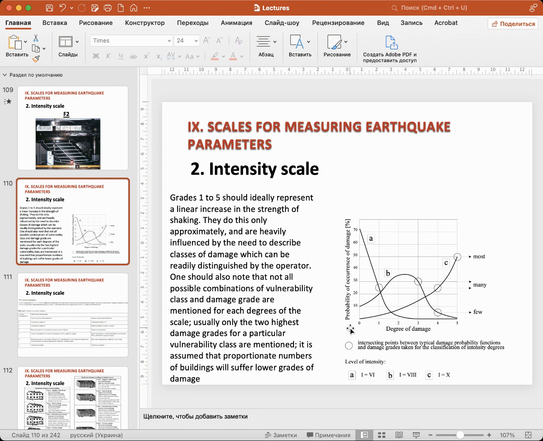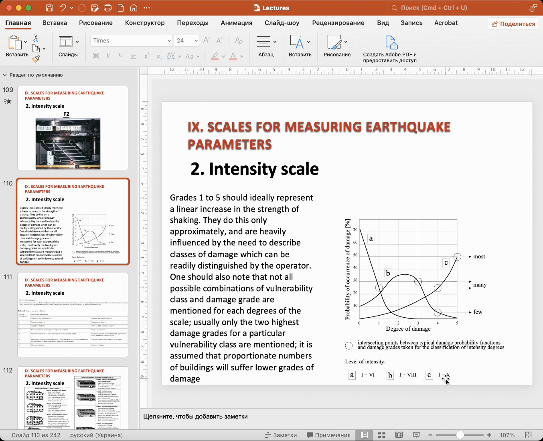And when we talk about intensity degree 8, in this case a few buildings have zero damage. Many buildings have damage between 30 and 40%, and a few buildings were completely destroyed, demolished.